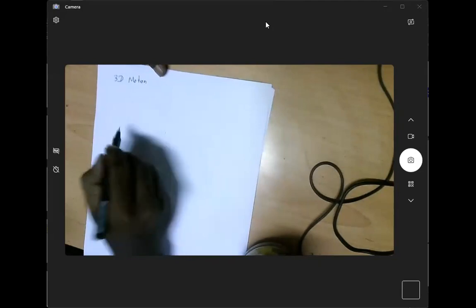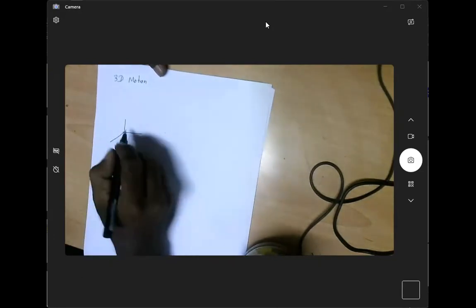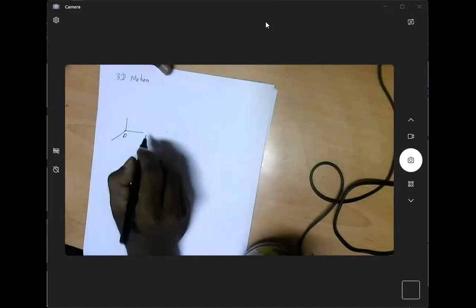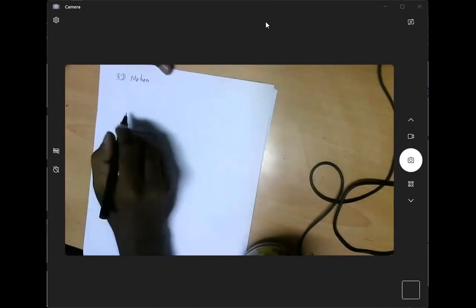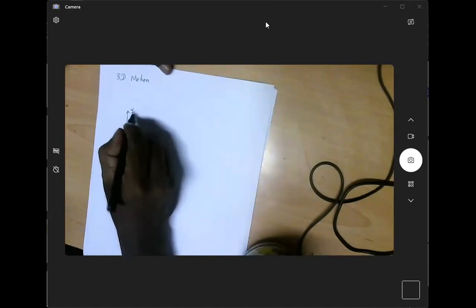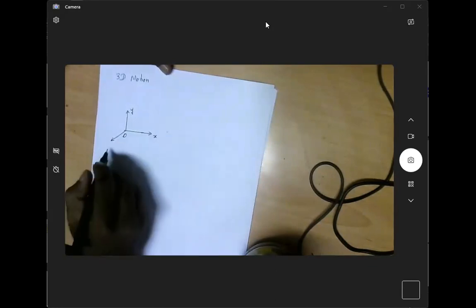For 3D motion, again, we need to define a coordinate center and 3 coordinates, right? So one we take as x, a perpendicular one we take as y, and we take another direction z, which will be perpendicular to both x and y.